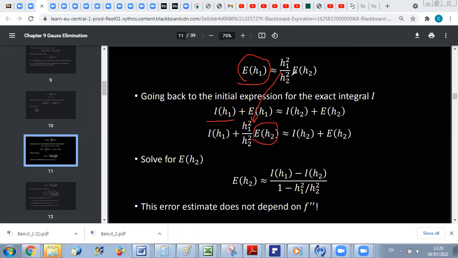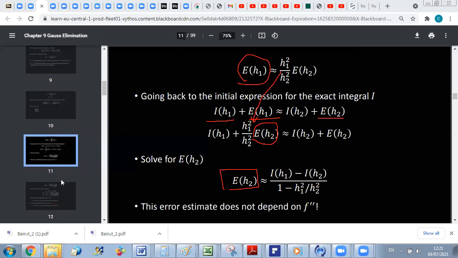Before, I didn't have any idea what this error is, but now, when combining the two estimates of my integral, I have an idea approximately what EH2 will be. And this is very good, because now, instead of having a large error, I have a much smaller error, because I did an estimation of the actual error.